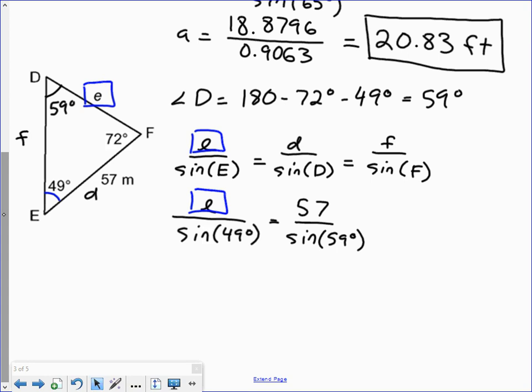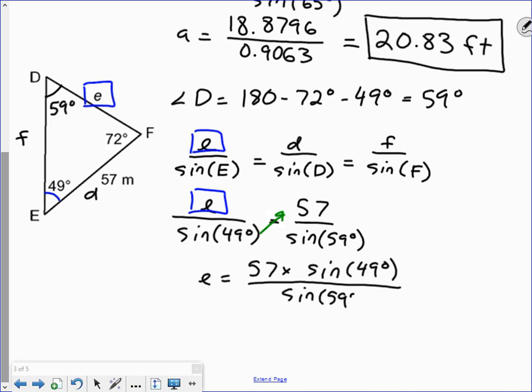So I can just multiply across my equal sign, and I will get that E is equal to 57 times sine 49 degrees divided by the sine of 59 degrees.